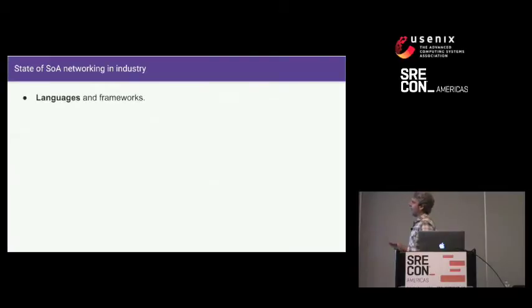So let's step back, and based on that architecture of Lyft from both 4 years ago as well as 2 years ago, let's look at the current state of the art in service-oriented architecture networking. We've got a whole lot of different languages and frameworks. We've already seen that, we basically have PHP and Go and Python and Scala.